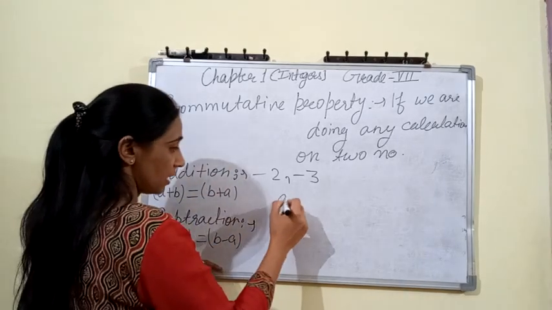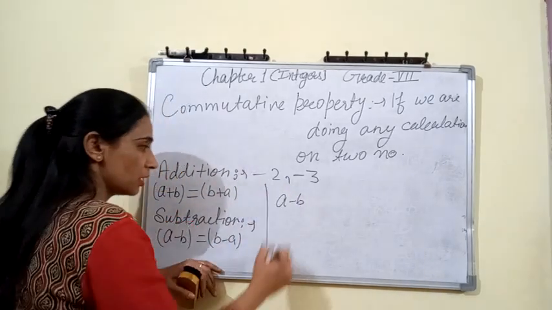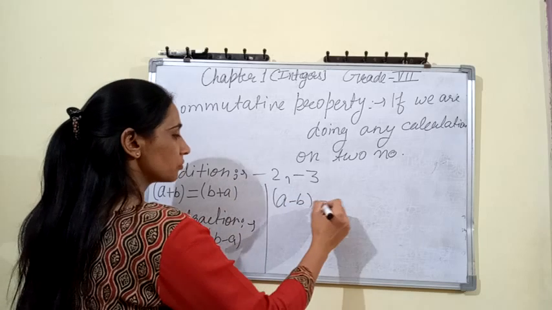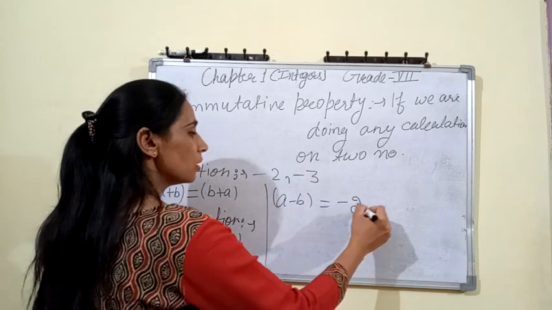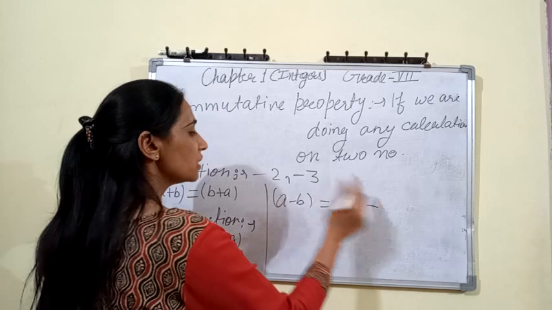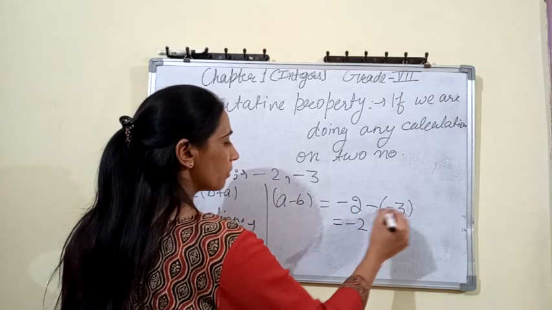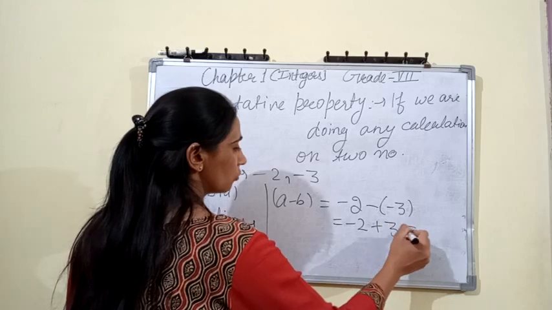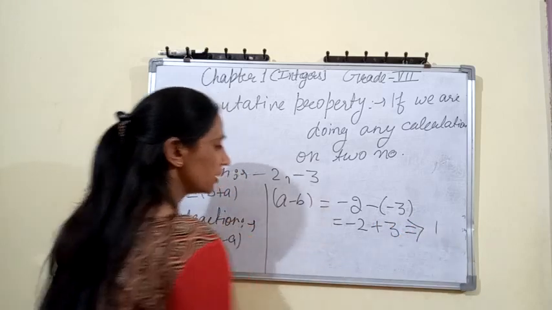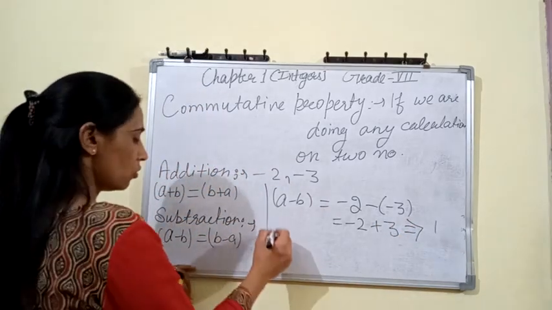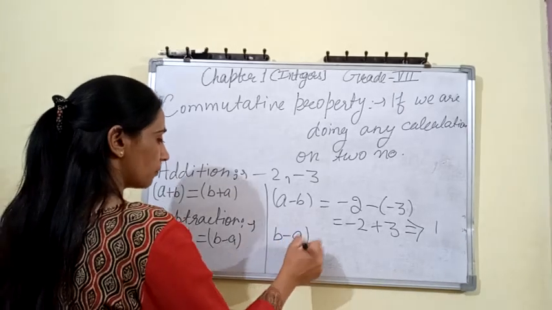Let's check. A minus b. What is a? Minus 2 minus b. B is already negative, so it will be minus 2 minus minus 3, which is plus 3. So what is your answer? Plus 1. Yes.